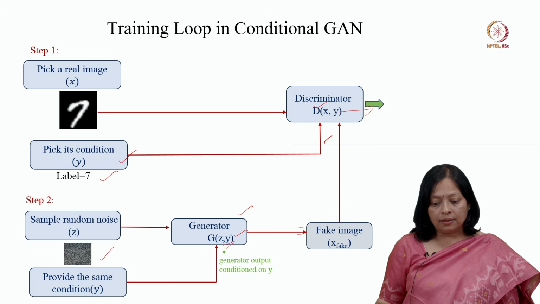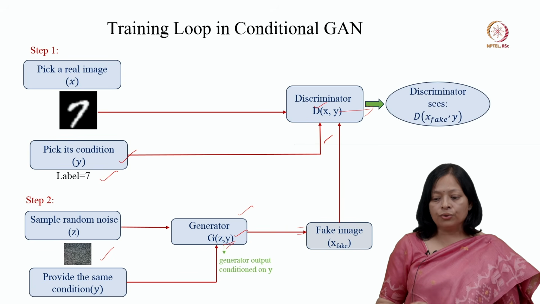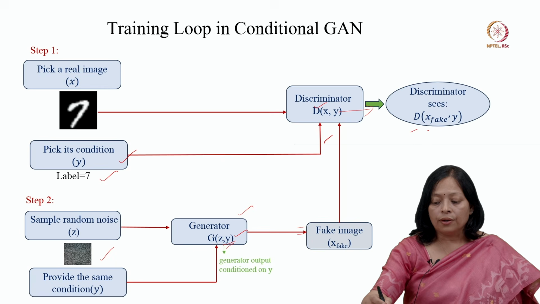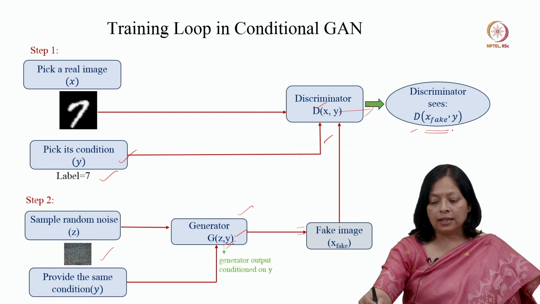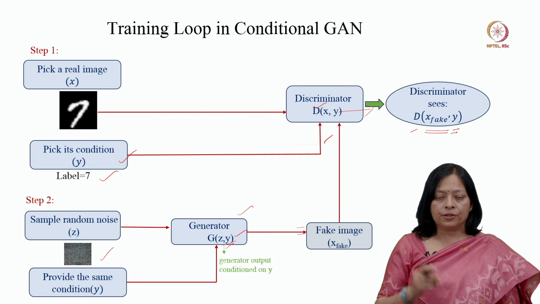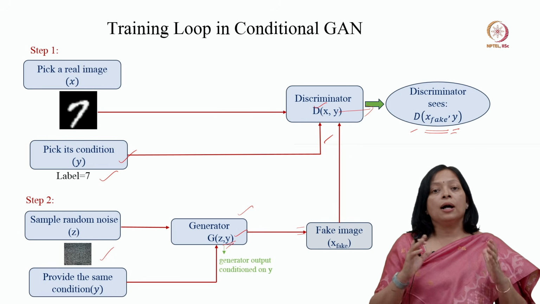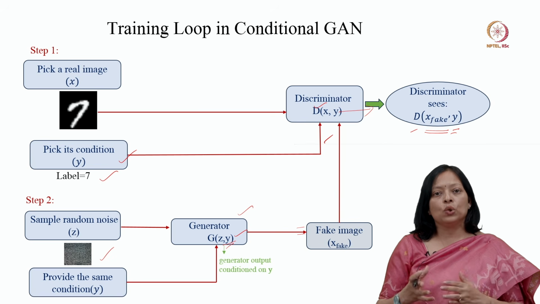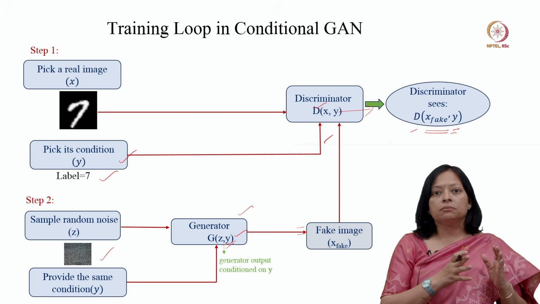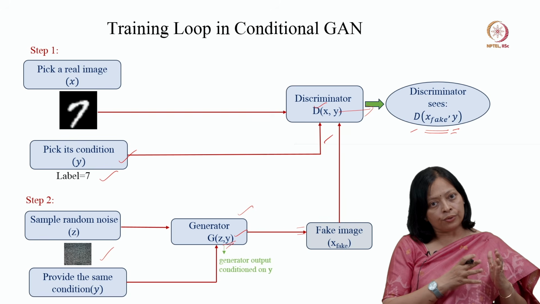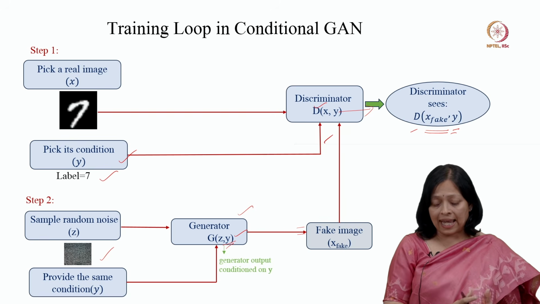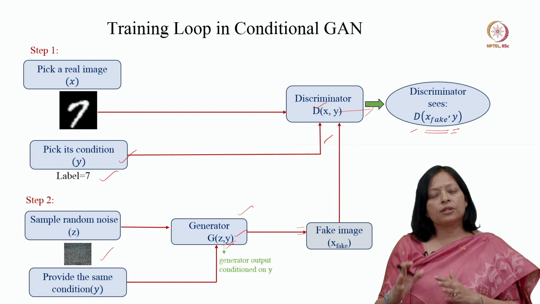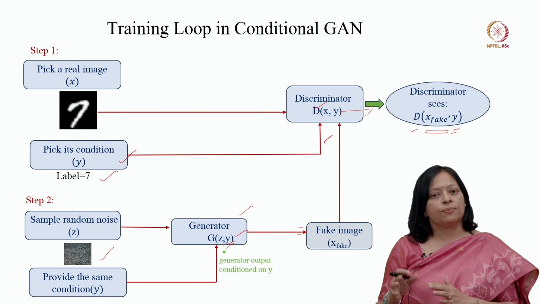The discriminator sees and gives a score for the x fake conditioned on y. So it gives a probability score. What is that probability score about? Whether it looks similar to the image originally given to the discriminator, that is x, and whether it is conditioned properly on y. These are the two things which the discriminator sees.